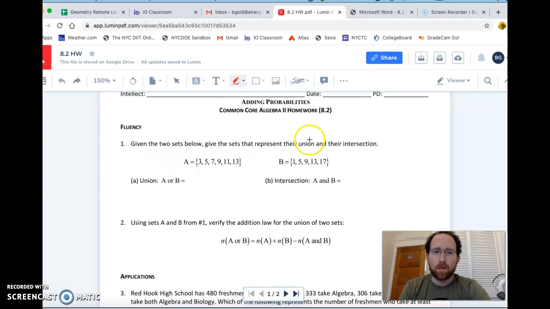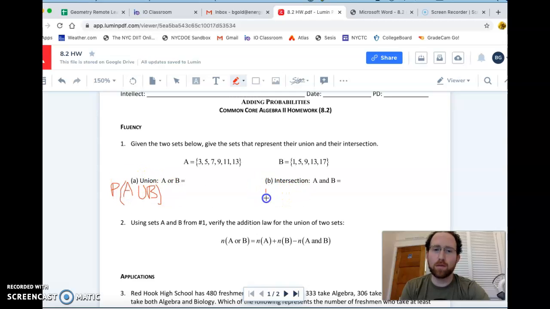Let's go over numbers 1 and 2. Given the two sets below, give the sets that represent their union and their intersection. We're looking for the union, which is the P of A U B. The U stands for union, and that's what we're going to be looking for here.